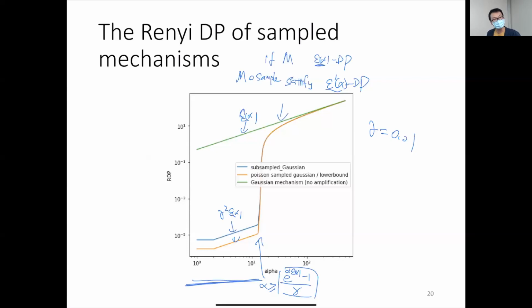So you're not getting anything better from concentrated DP, but using the full Renyi DP analysis will allow you to represent a more complex function like this, which allows you to operate within the regime where you actually get an amplification of the RDP parameter by a factor of gamma square, right? You can read that off from the vertical axis. This is around 10 to the power of minus 4 to minus 5. So the square of this is the gamma parameter.